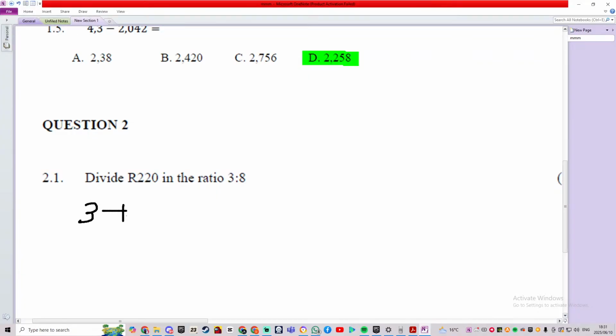3 plus 8 is equal to 11. Then, we want to divide this ratio. What do we do then? Do you know? Since you know the first steps there.